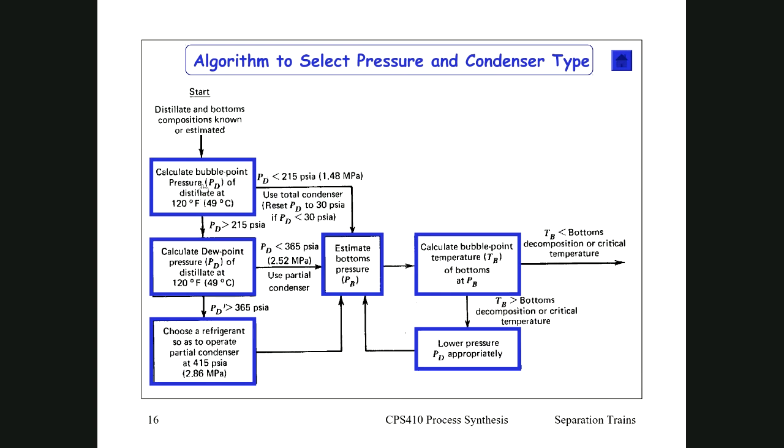Depending on whether you need to use a high pressure, if you have to use a pressure greater than 215 psi, or greater than 365 psi, 28 bar, then you have to use a refrigerant for your condenser, which of course is much more expensive than just using cooling water.